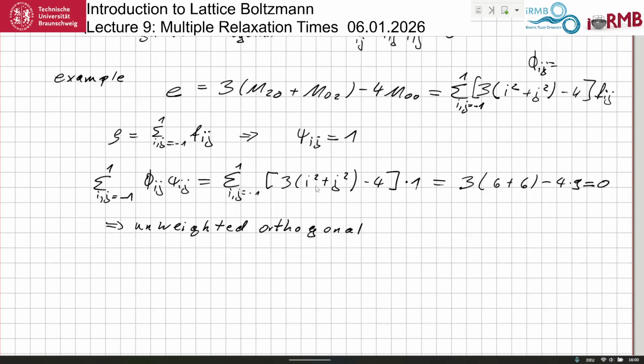Okay, this model works very well, and the reason why it works very well is because this lattice has only 3 ghosts.